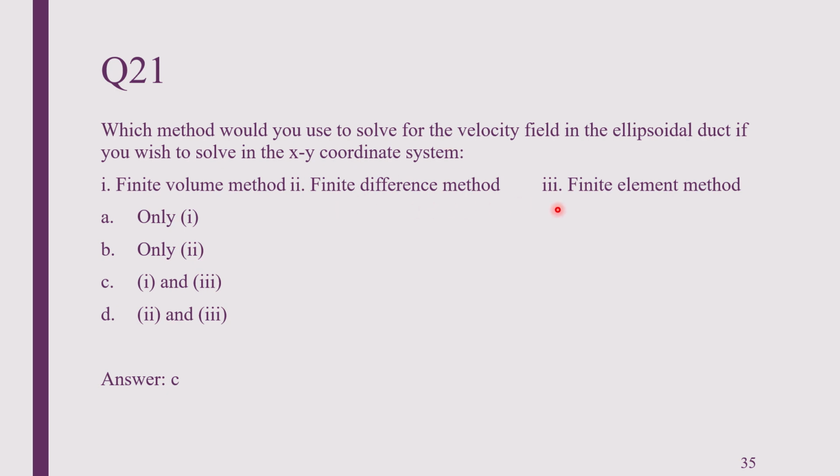Option 3 is the finite element method. So the options are option 1 only, option 2 only, option 1 and 3, and option D, it is 2 and 3.